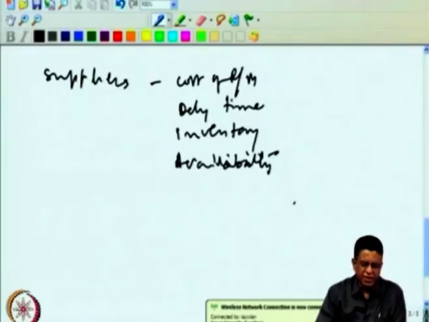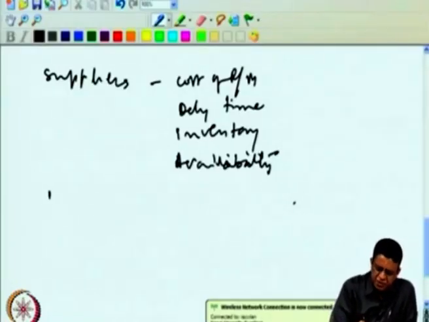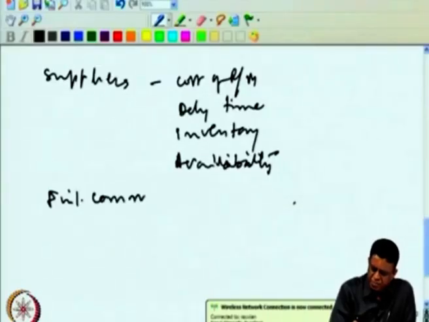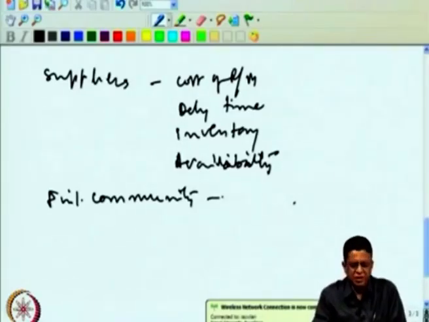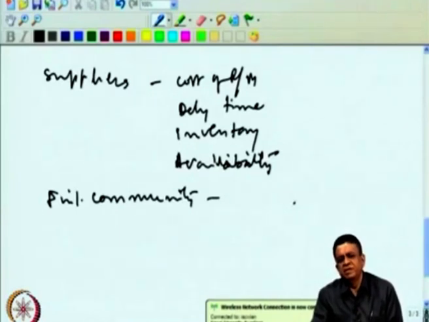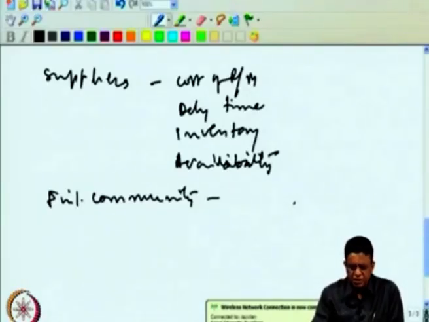Now, look at the financial community. The next one which we are concerned with is the financial community. Who are these financial community? These are the people who might have invested directly with you, or it can be individual investors or institutional investors, or the people who have lent loan to you.